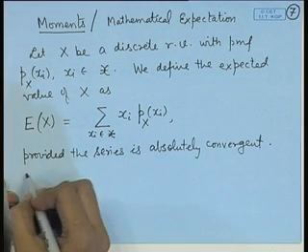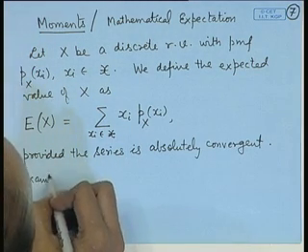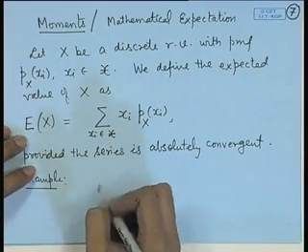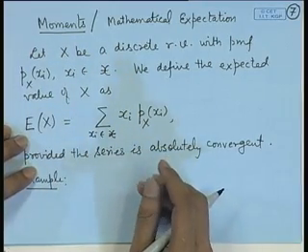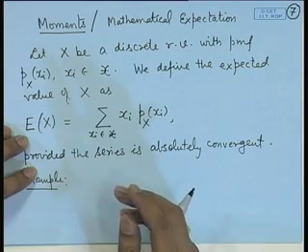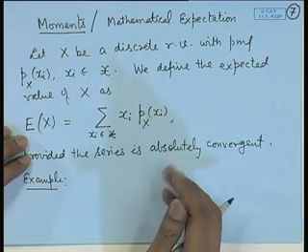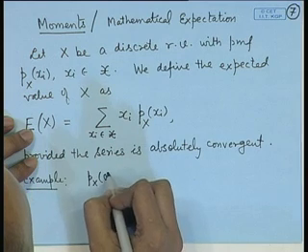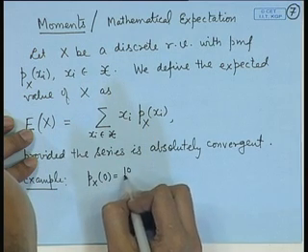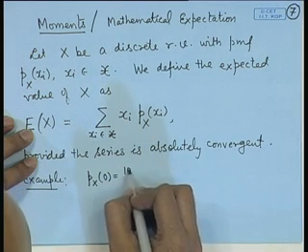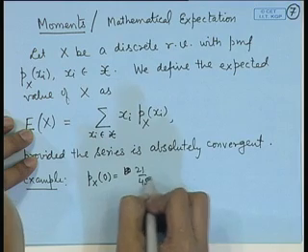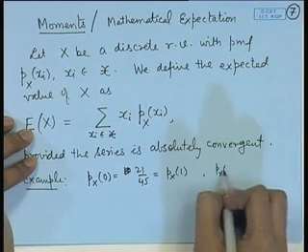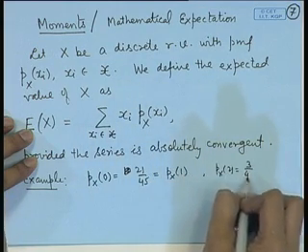Let us take the example of defective computers purchase. That means a store had certain number of computers and a person purchased 2 computers. So, in that example we had probability of x equal to 0 was 21 by 45, and that was same as probability of x equal to 1, and probability x equal to 2 was 3 by 45.